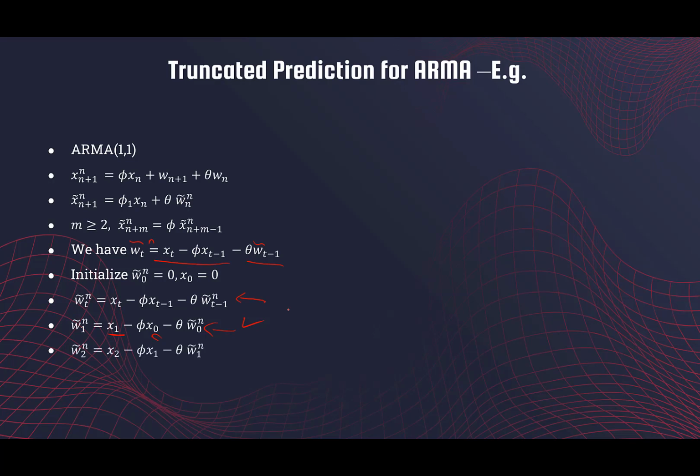For 2n, we just plug in. We look at this equation and we plug in t is equal to 2. But we have x2, we have x1, and we have this w tilde 1n as well. So therefore, we can calculate this, and you can continue in this fashion, right, until we get w tilde nn. So you continue until we get this term. So this is the way to execute this truncation predictors.